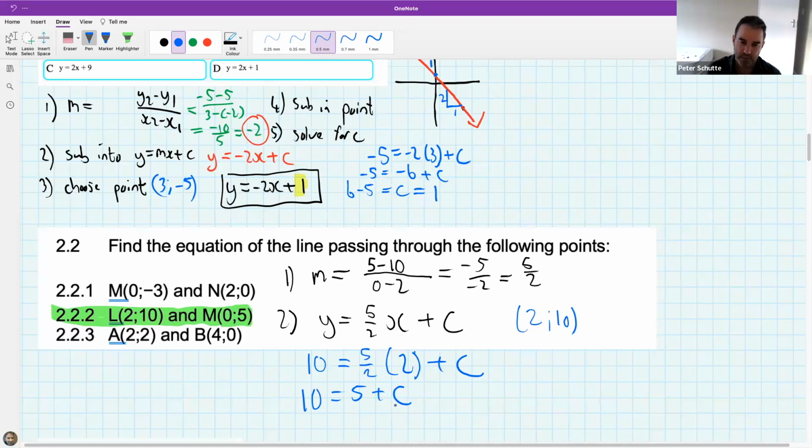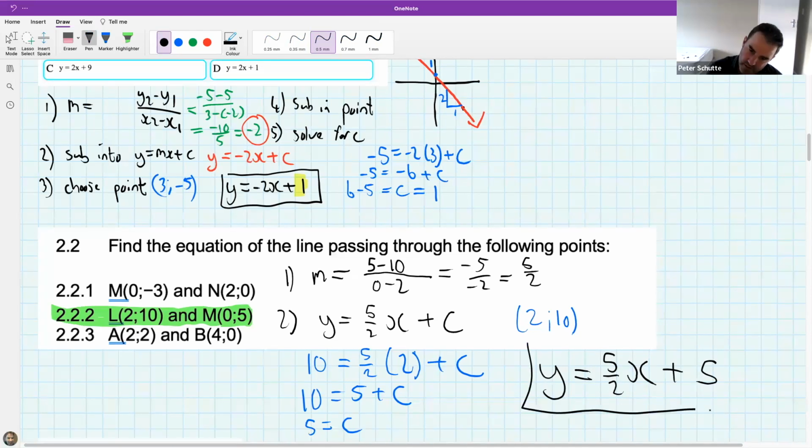And if we take away 5 from both sides, we get c equals 5. And then we found the gradient. It was 5/2 x. And we know that c was 5.